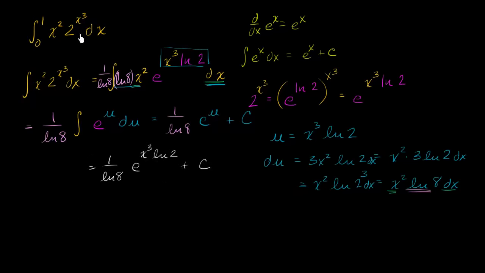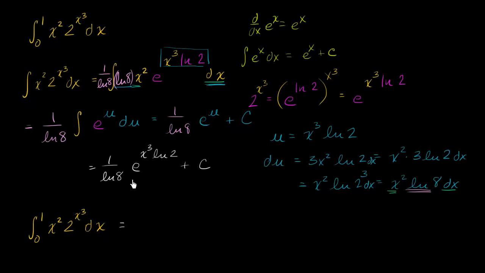Now, going back to the original problem, we just need to evaluate the antiderivative of this at each of these points. So let's rewrite this. Given what we just figured out, let me copy and paste that. This is just going to be equal to the antiderivative evaluated at 1 minus the antiderivative evaluated at 0. We don't have to worry about the constants because those will cancel out.